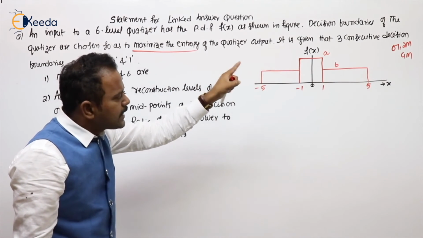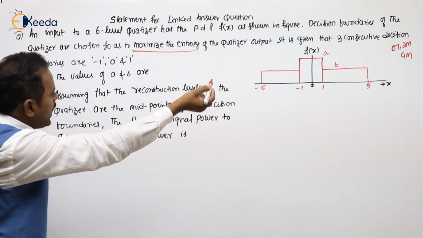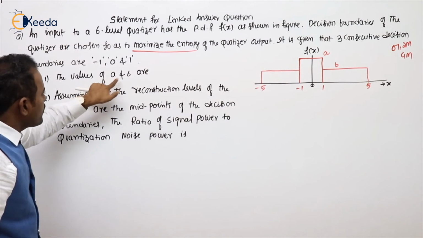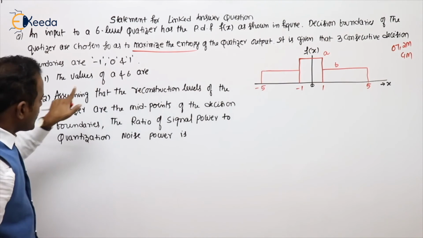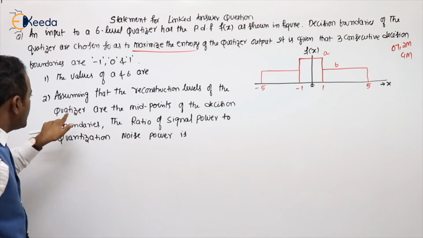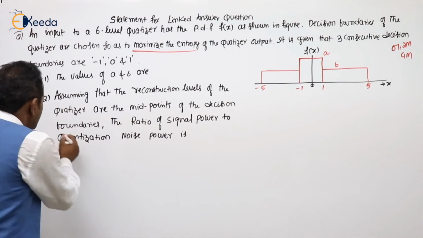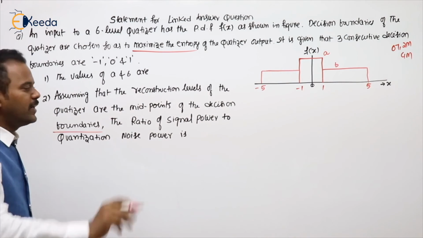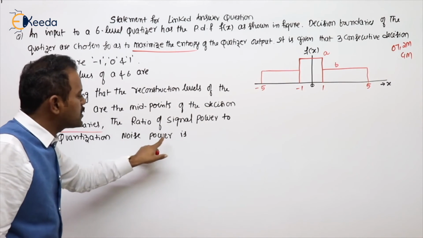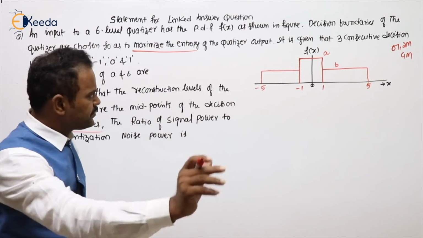It is given that 3 consecutive decision boundaries are -1, 0 and 1. First question, the values of A and B are. Second one is an excellent problem, assuming that the reconstruction levels of the quantizer are the midpoints of the decision boundaries, the ratio of signal power to quantization noise power is, I have not given the options to save space here.